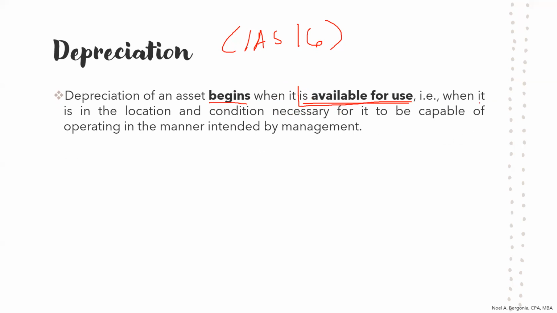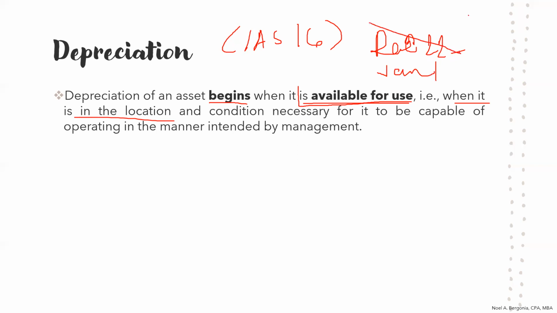So example, when it is already in the location kung saan siya dapat gamitin. Baka naman mamaya, halimbawa, binili natin siya ng December 22. Okay, December 22. Pero binili pa lang yon, binayaran natin siya, pero nagamit natin siya starting January 1 pa the following year. So kailan magsisimula ang depreciation?